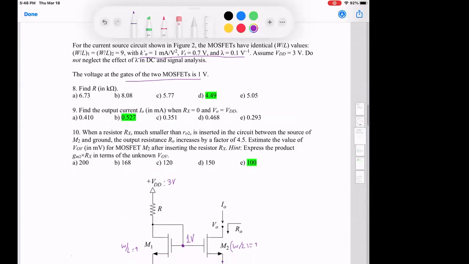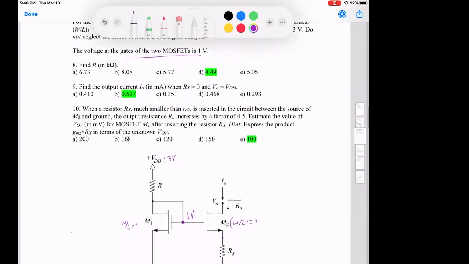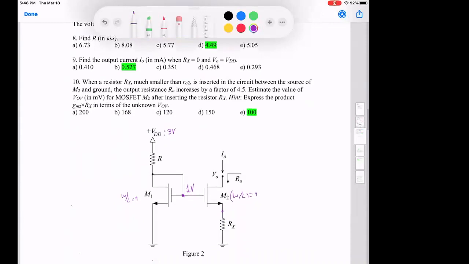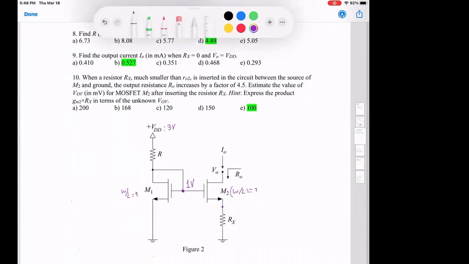And then he's telling me first find the value of R in kilo ohm. He didn't mention RX; he's just asking me to look at R. So automatically I know, since I know the voltage, I know VT, I know K prime, and I know that this should be in saturation, I can solve for R from this path.